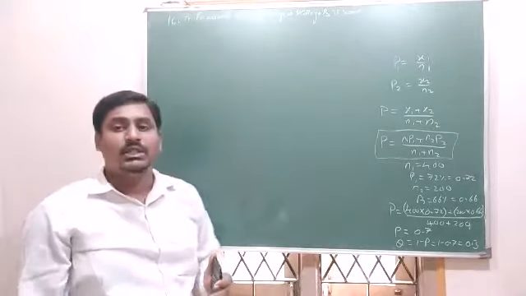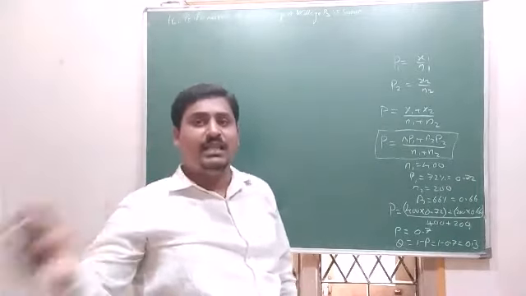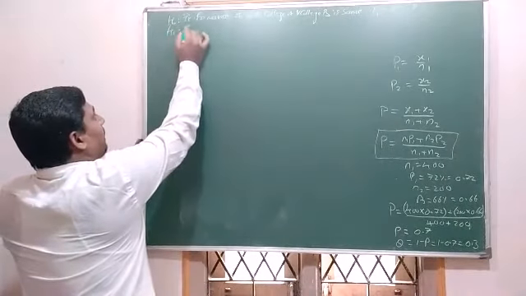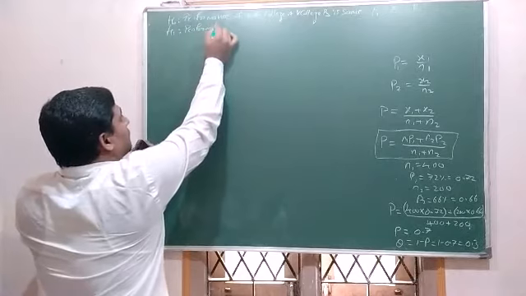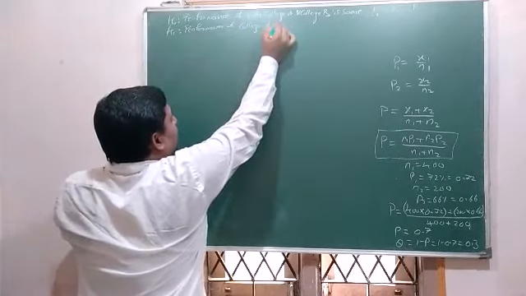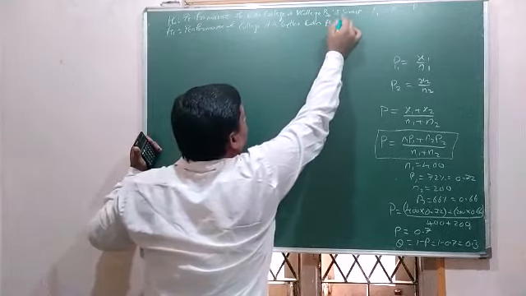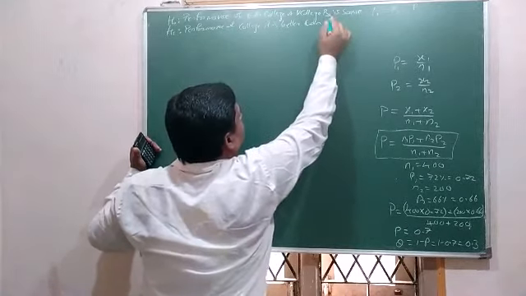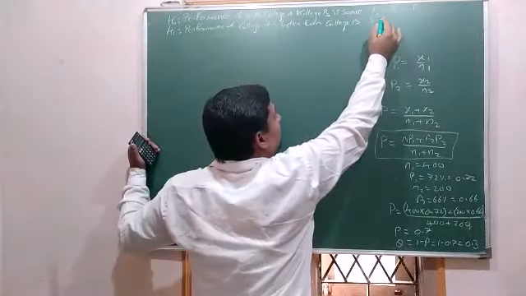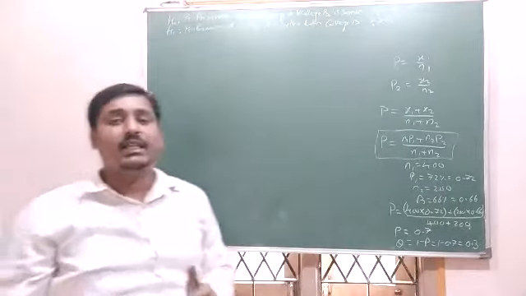Now H1, the alternative hypothesis. It is clearly mentioned here: the performance of college A is better than the performance of college B. Therefore H1 is: the performance of college A is better than college B. That means here P1 is greater than P2.